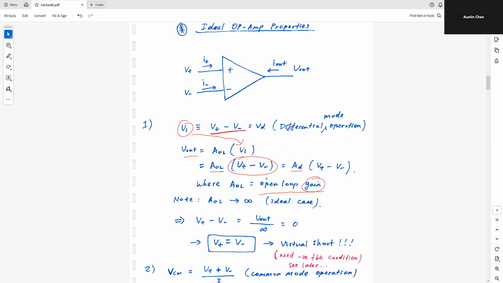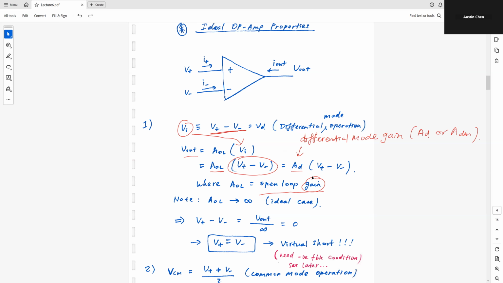So AD is another common one that is used to denote the differential mode gain, AD or ADM. Okay, so I use AD over here. So AD times (V plus minus V minus).